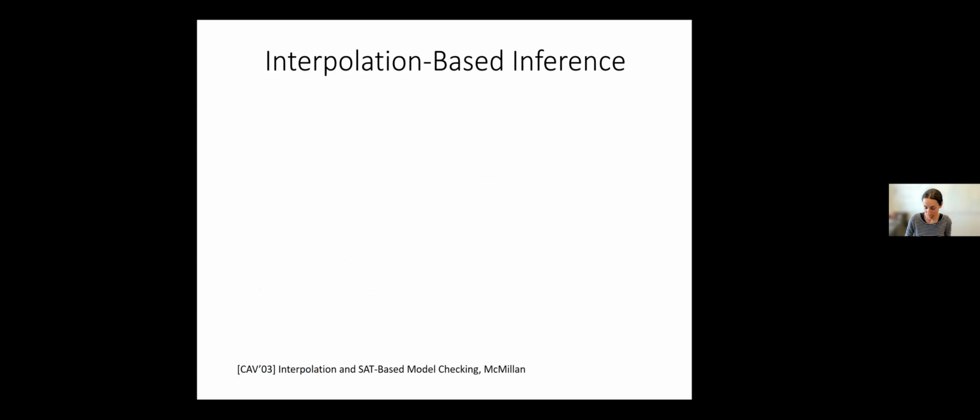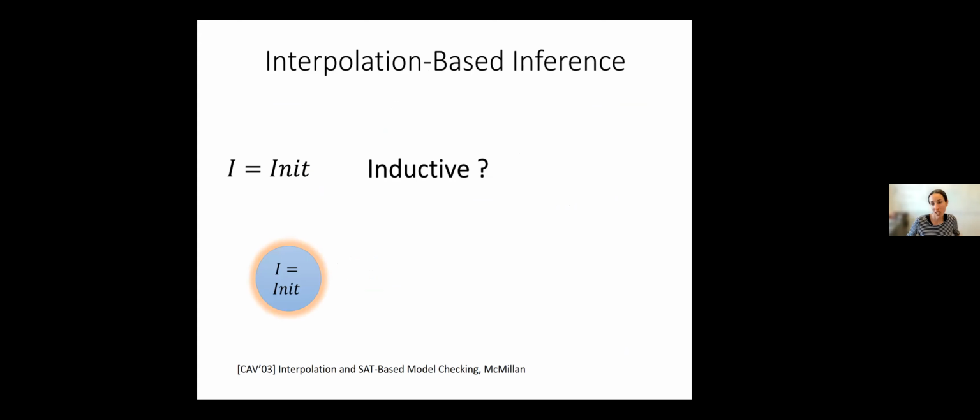Interpolation-based inference was proposed by McMillan in CAV 2003. Again, we are trying to infer some inductive invariant. The idea is that at any point we have some candidate inductive invariant I. Initially, we just take the initial states and check if it is inductive. If it's the initial states, usually it will not be inductive. And when it's not inductive, we try to extend it in order to find a new candidate.